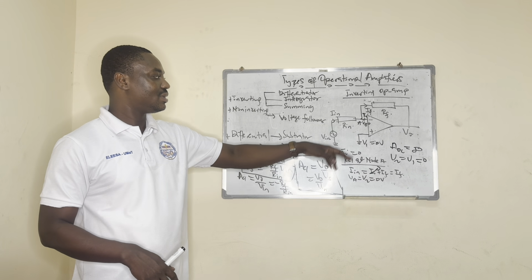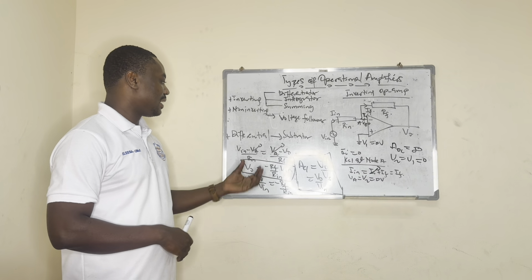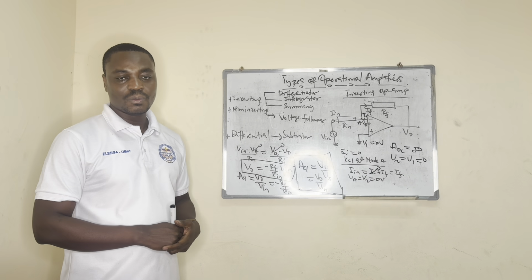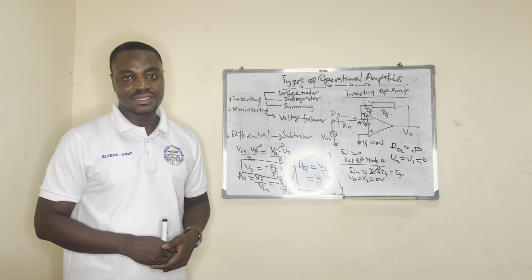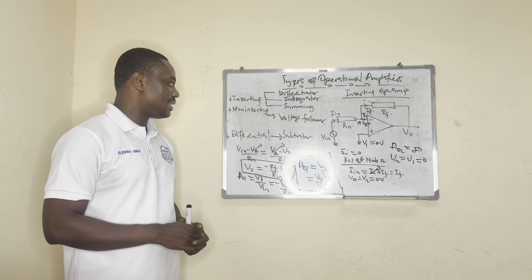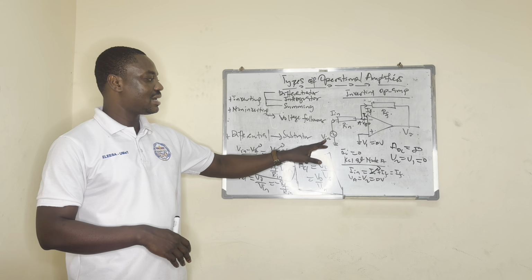If we are at node A, we know that IN is entering node A, and we can get the potential difference between V in and the voltage at node A. In that potential difference, we look at where the current is coming from. You can see the current is coming from V in.